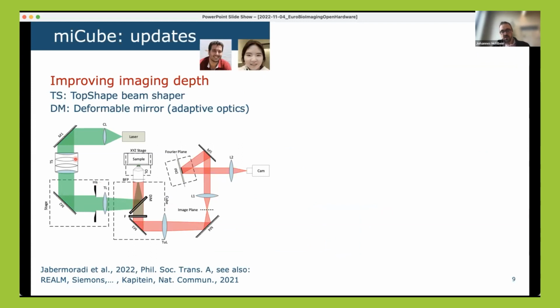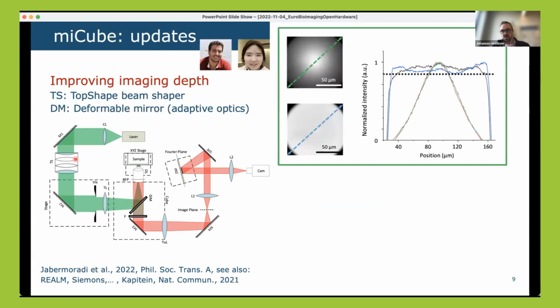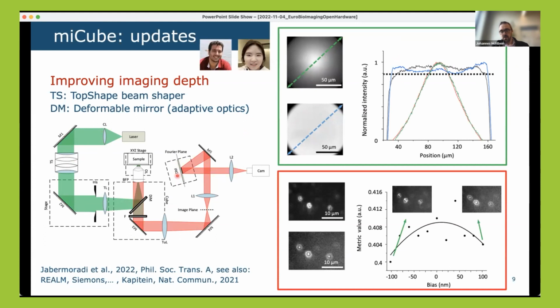One of them is a flat field illumination, where we use an optical element that transforms your Gaussian laser intensity distribution into something which resembles very nicely, over more than 100 square micrometers, a flat field, which gives you better homogeneity in the sample. And then to the right, into the detection path, we implemented a deformable mirror that allows you, as in adaptive optics, for example, if you want to do single molecule measurements in turbid samples, to correct a bit for the aberrations.